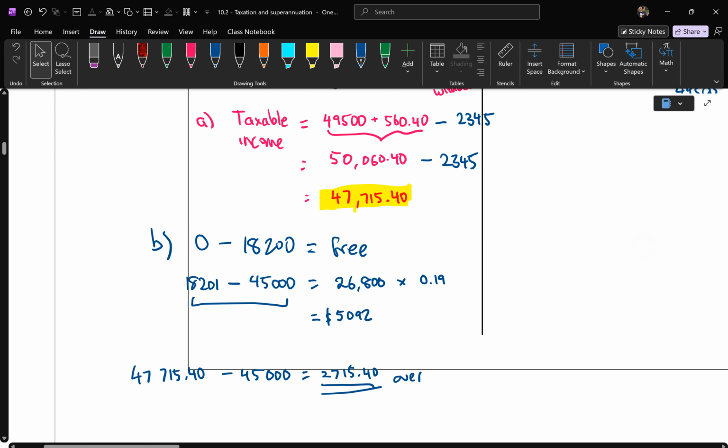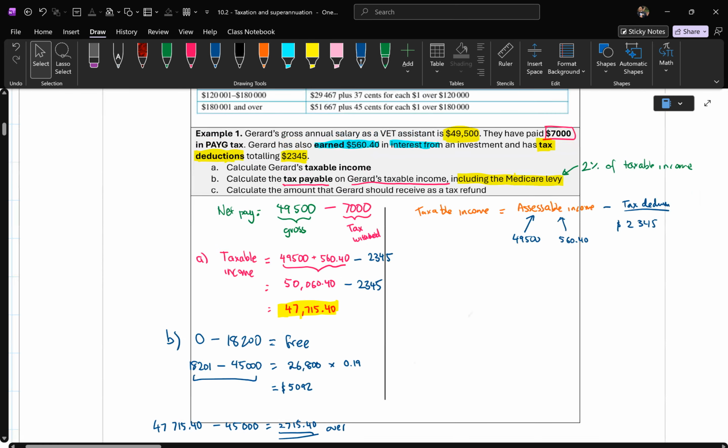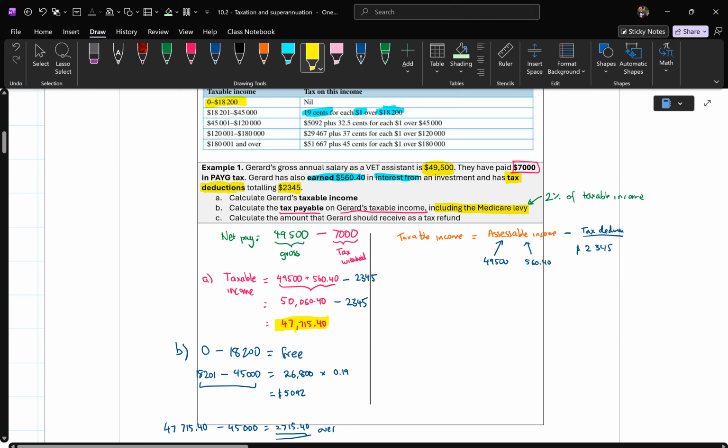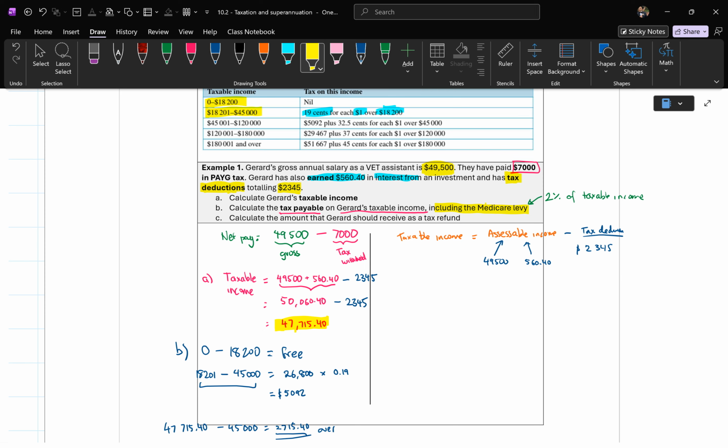Okay? So now, let's look at the third bracket. So you've ticked off the first bracket. Free for the first bracket. Second bracket, you paid the full amount. So it's 19 cents for all of that. Now you're in the third bracket.